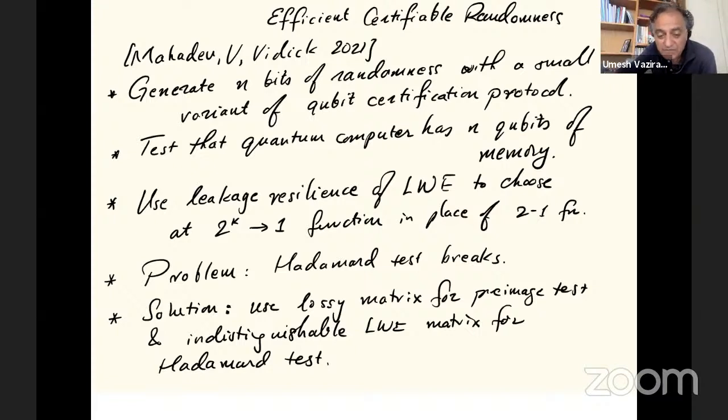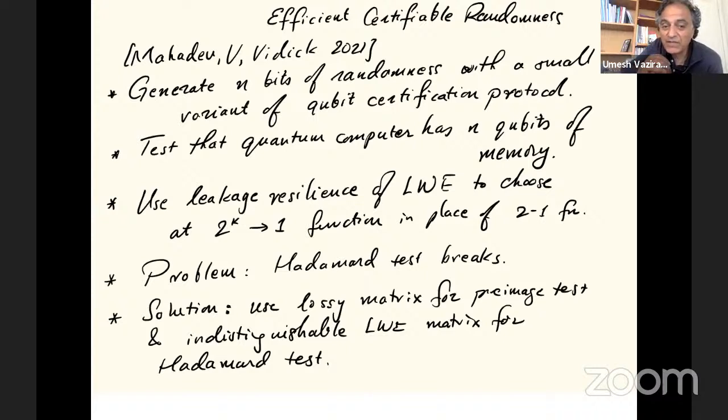The randomness certification protocol I showed you before extracts at most 1 bit of randomness per iteration of this protocol.